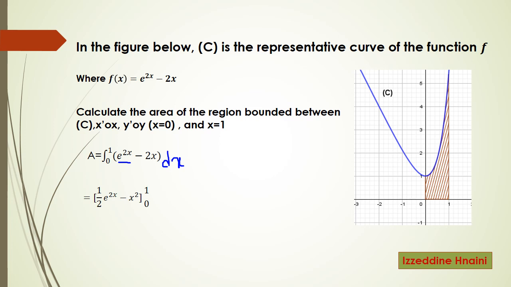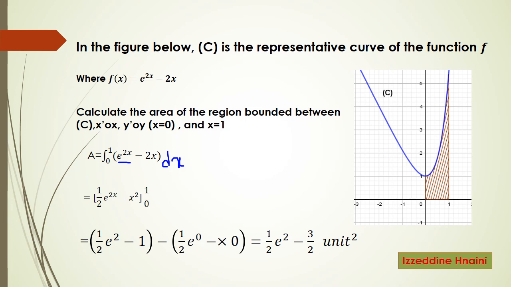Now, substitute 1 first, then substitute 0: we get 1 over 2 e^2 minus 1, minus 1 over 2 e^0 minus 0, which is 1 over 2 e^2 minus half, since e^0 is 1. So we get 1 over 2 e^2 minus 1 minus half, which is half e^2 minus 3 over 2 unit of area squared.